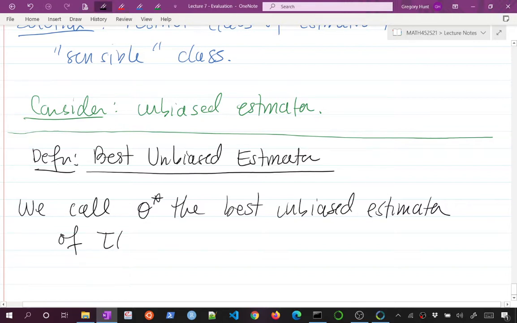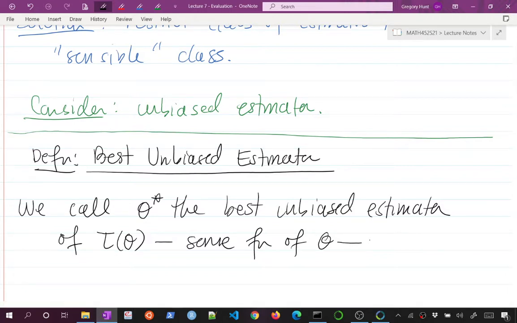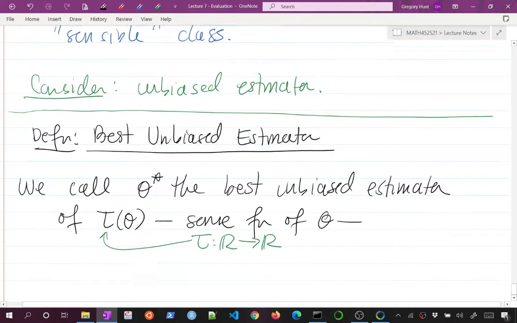So let's just call it tau of theta, which is just some function of theta, right? So instead of estimating mu, we could estimate mu squared. So tau is just some function. It just makes the definition a little more general.